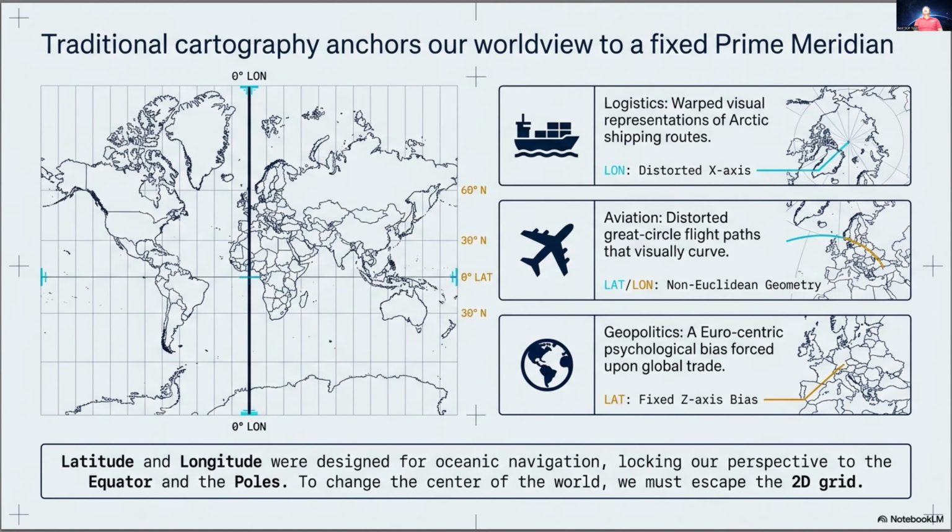And we see the Mercator for logistics, a visual representation of shipping routes, which distorts the x-axis, while aviation uses great circle flight paths that visually curve, reflecting non-Euclidean geometry. The centralized world map is one of the great circles.